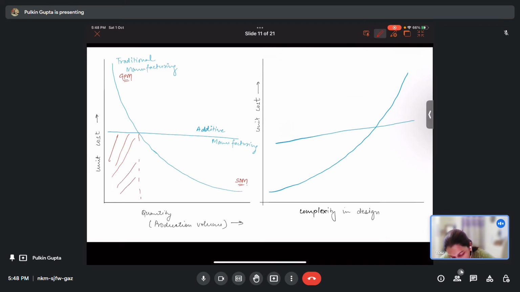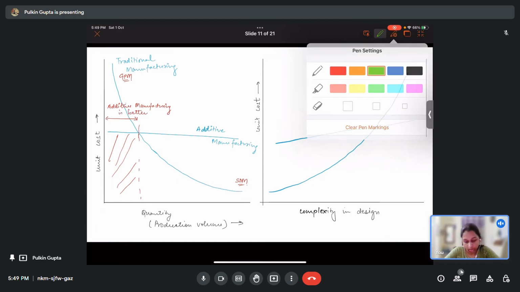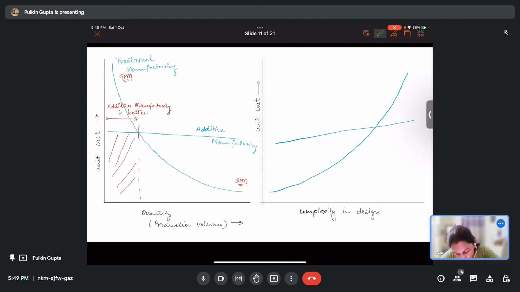So in this region, additive manufacturing is better. But when you move to this region ahead of this, the per unit cost with traditional manufacturing is lower. So in this region traditional manufacturing is better.